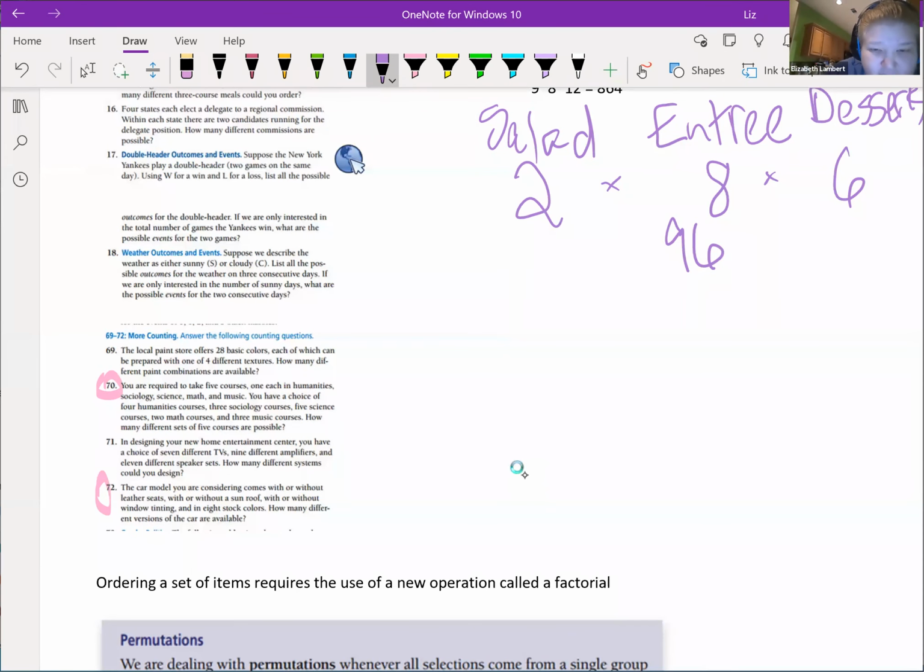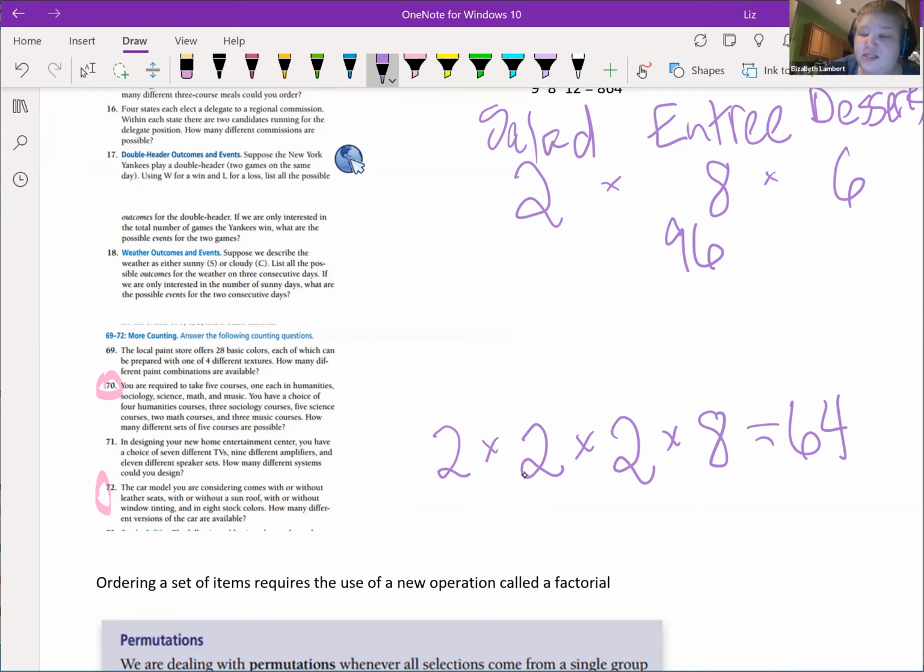So we have leather seats, sunroof, window tinting, and then the 8 colors. So this is actually 2 times 2 times 2 is 8, times another 8 is 64 different versions of the car. Now the reality is when you go to the car lot, there's only like 4 that are right there.